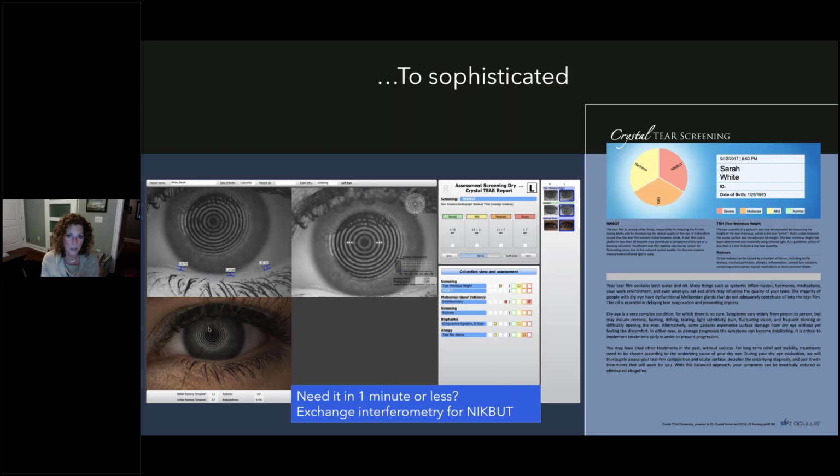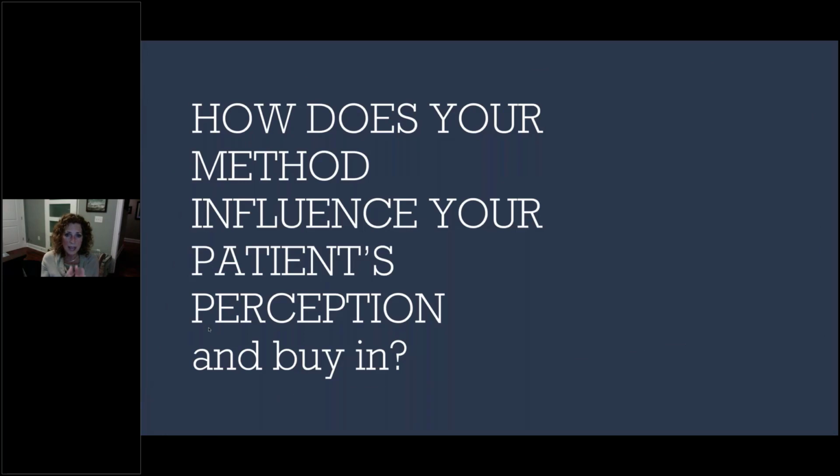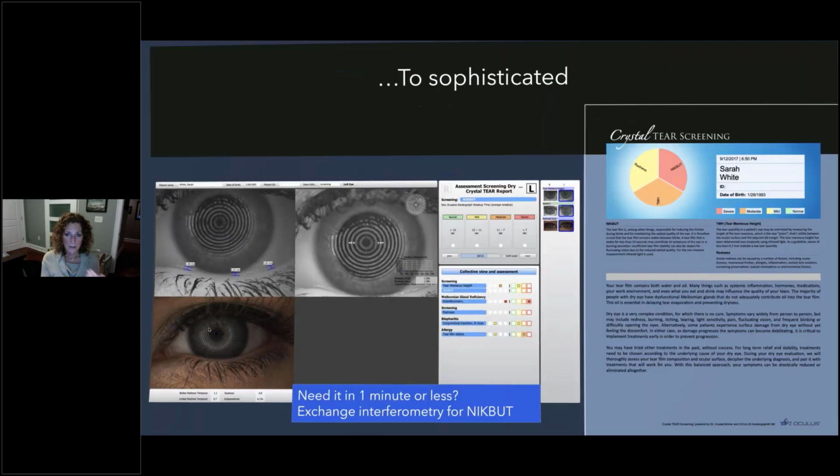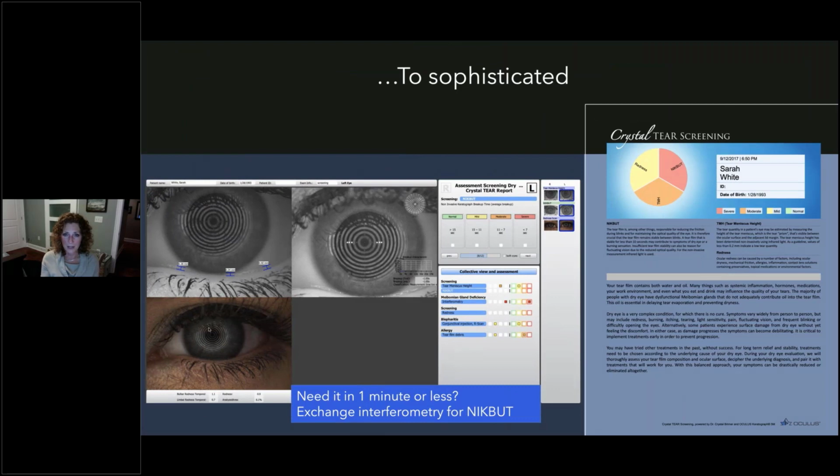But I want you to play this out in your mind: patient A having the questionnaire and patient B having what I just showed you with those three tests, and they are handed this Crystal Tear report. You walk into the exam room and they've been sitting there reading it. Those three pictures are on the screen, and the patient has the report in hand and they're going, hey doc, what's this?